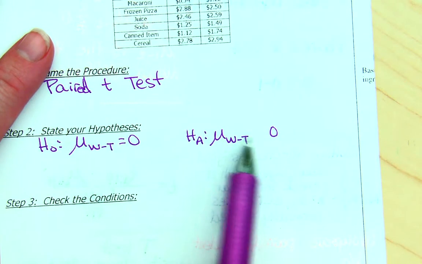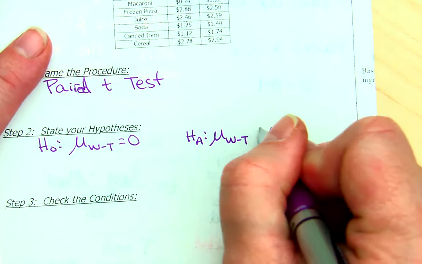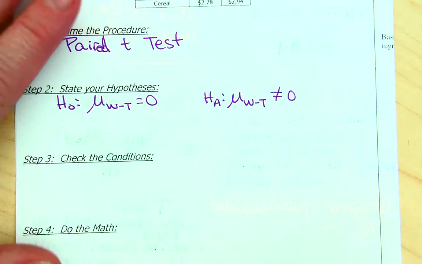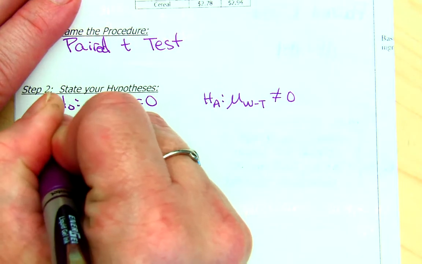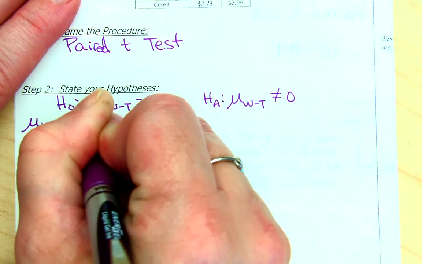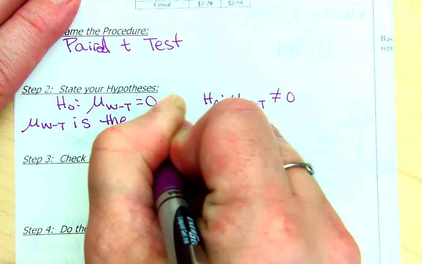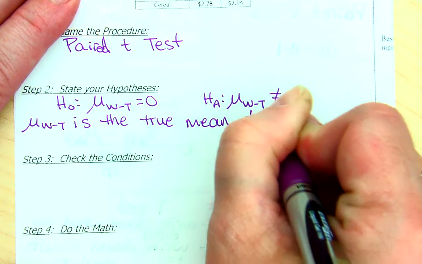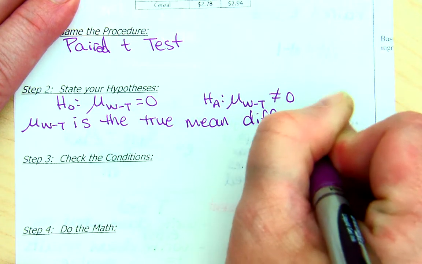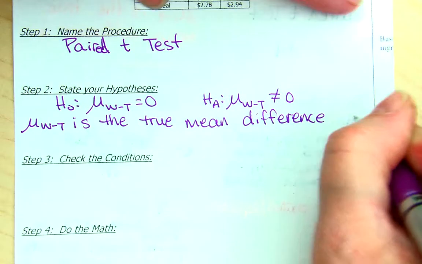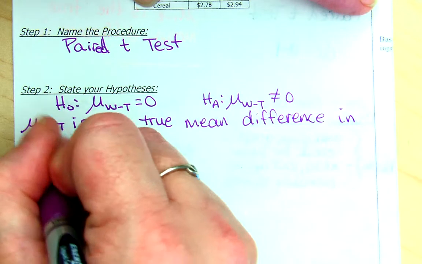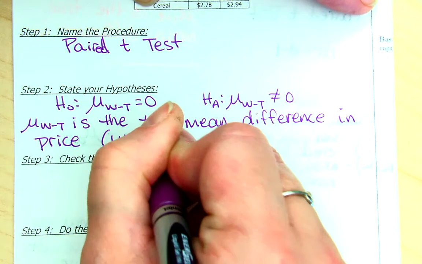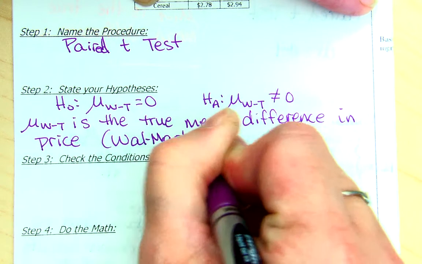So what inequality do I use here? Not equal. Good. And I'm going to define my parameter, mu W minus T, the true mean difference. We're doing Walmart minus Target.